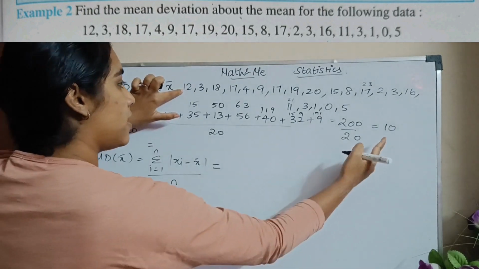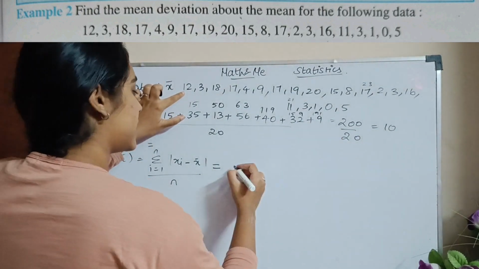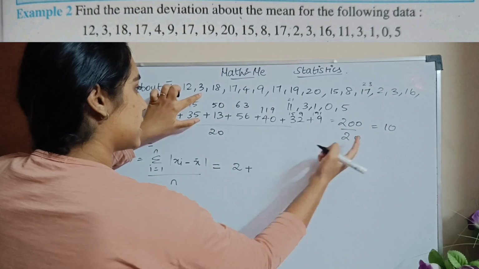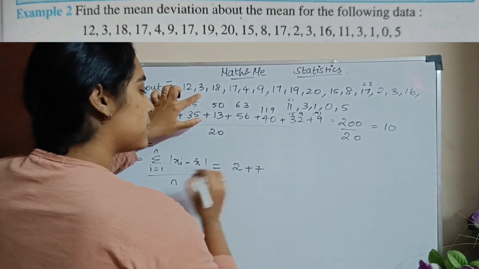So I have 12 minus 10, and we take the modulus for all of them. 12 minus 10 is 2, plus 3 minus 10 is minus 7, taking the modulus, plus 7.